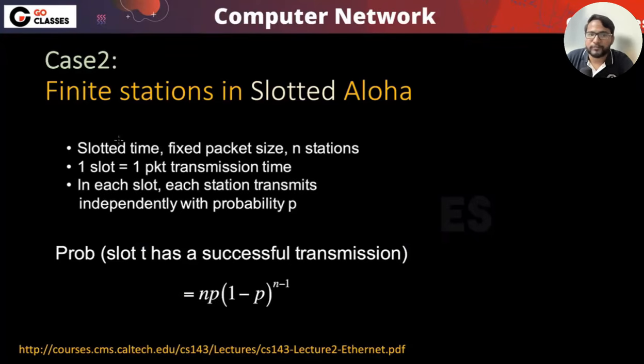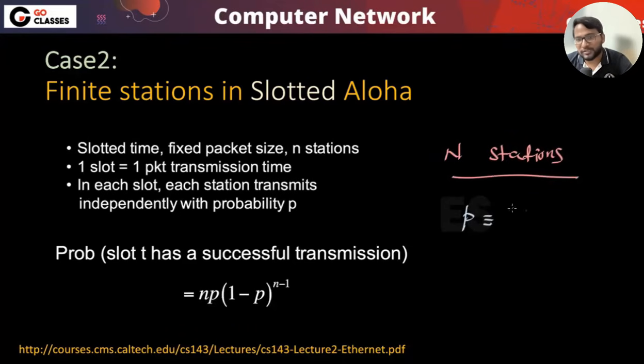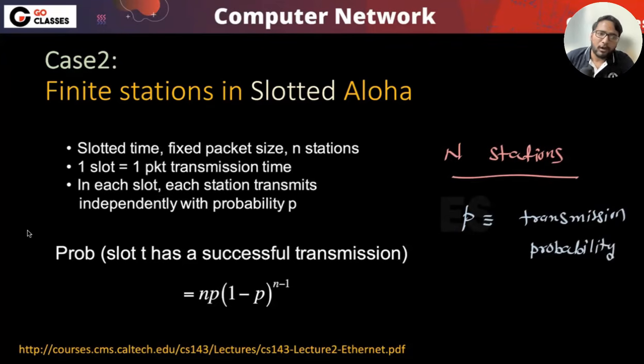Let's understand this. Suppose that there are n stations, which is finite here, and each station is sending with probability P. This P is the transmission probability. Now, earlier, you remember, we were talking about G, right?